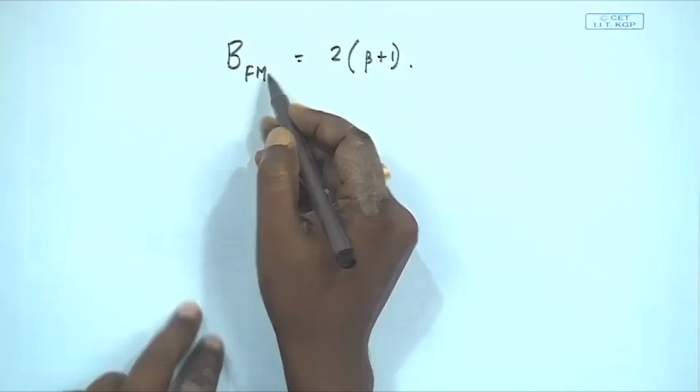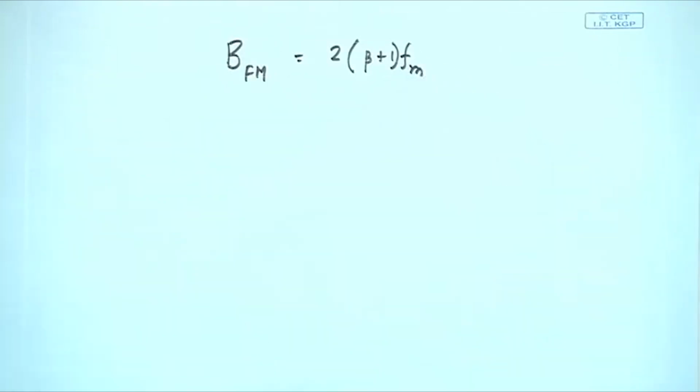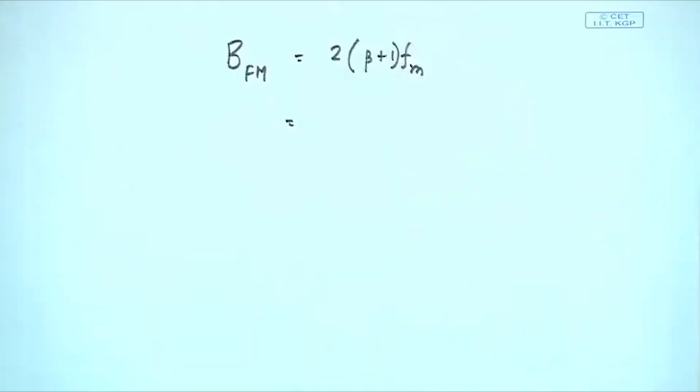Each one of those numbers I take, so this many frequencies I will be taking. What is the separation between them? That is either ω_m in the ω domain or f_m in the frequency domain. So, if I really wish to call this a bandwidth, I need to multiply this with f_m, because that many terms I am taking. Or I can write that as ω_m divided by 2π, right.